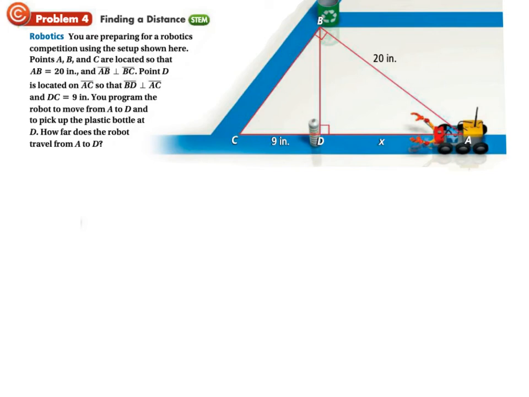This is x. So if we were going to program the robot to move from A to D and then pick up that plastic bottle, how far does the robot have to travel from A to D?